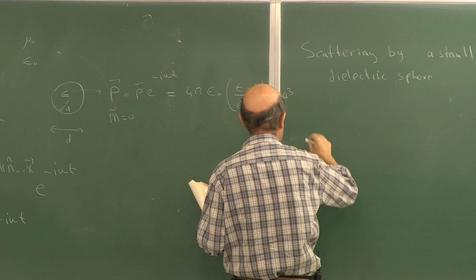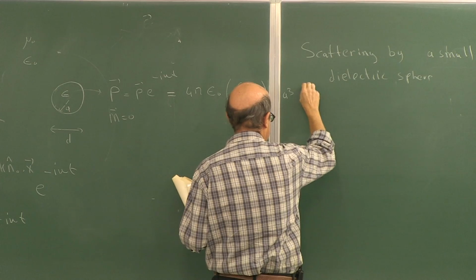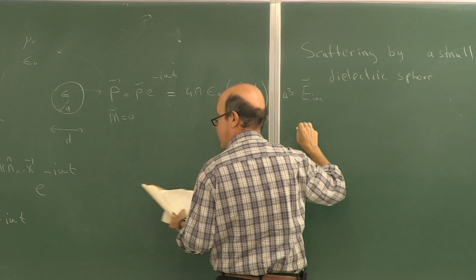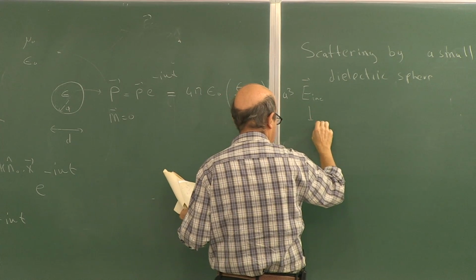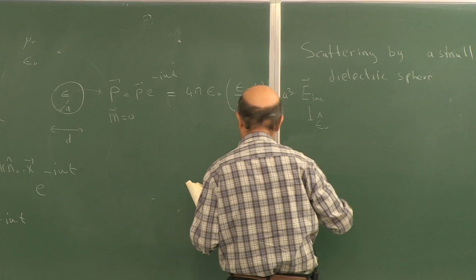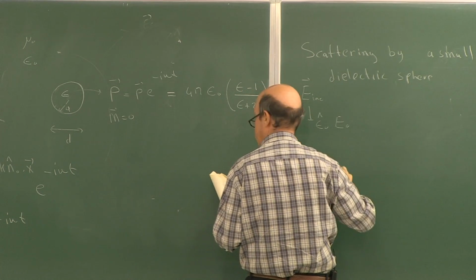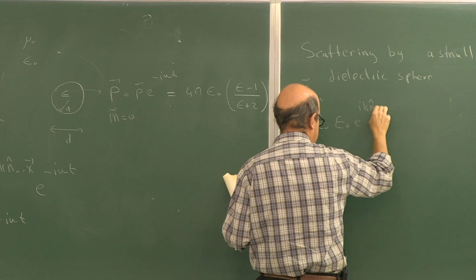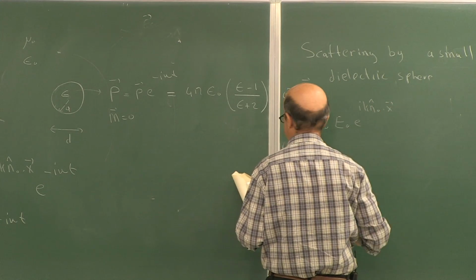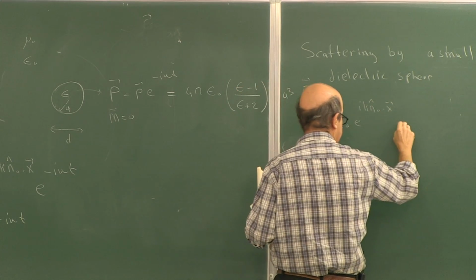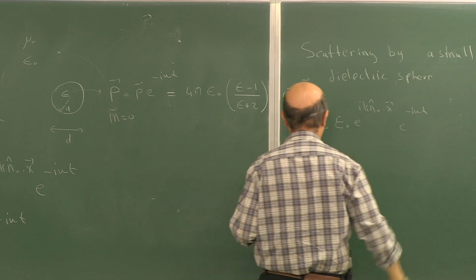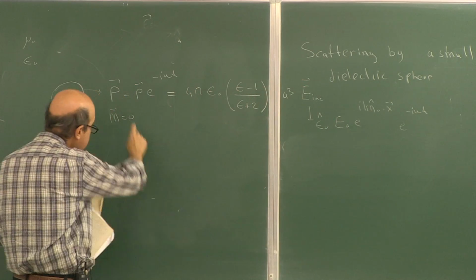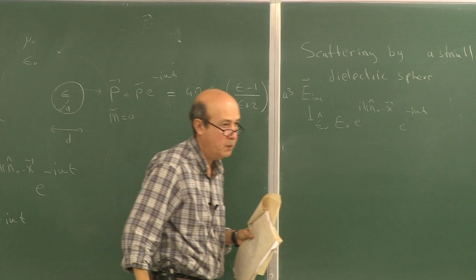And E incident is the initial polarization, the amplitude of the oscillation, e to the i k0 dot x, oscillating with frequency omega. So this will be the electric dipole moment of the sphere.